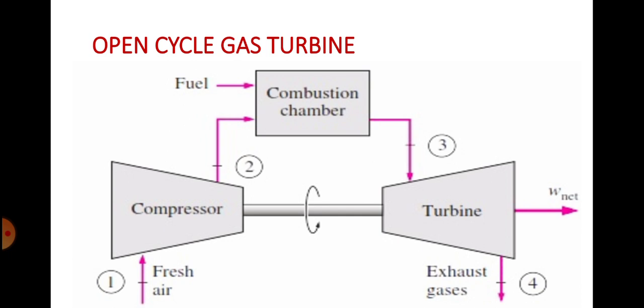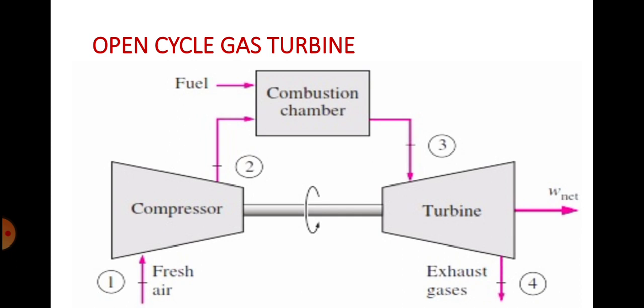As it passes through the combustion chamber, the fuel is injected in the path of the air, so combustion takes place, and the result of that combustion is hot gases, which are passed to the turbine where they expand, and the turbine produces the power.